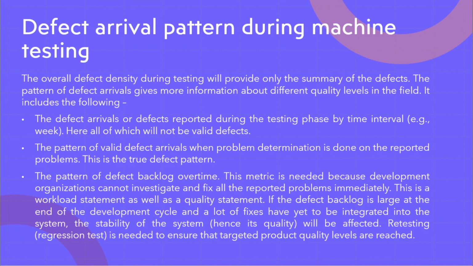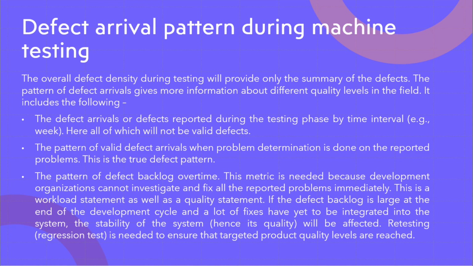Defect arrival pattern during machine testing: the overall defect density during testing will provide only the summary of the defects. The pattern of defect arrival gives more information about different quality levels in the field.